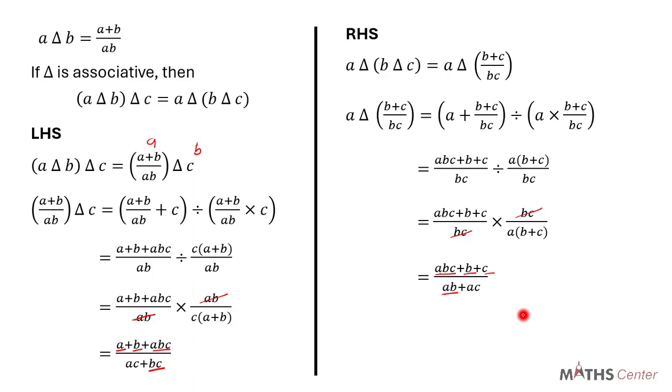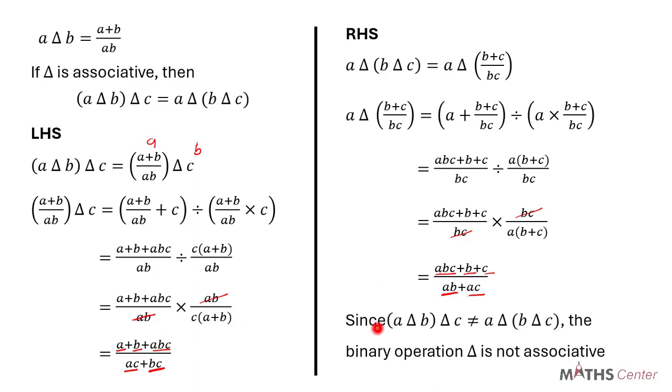On the right hand side, we have AC. Here we have AC. So we have BC here, but here is AB. So the left hand side is not equal to the right hand side. And so since the left hand side is not equal to the right hand side, we can say that the binary operation delta is not associative.